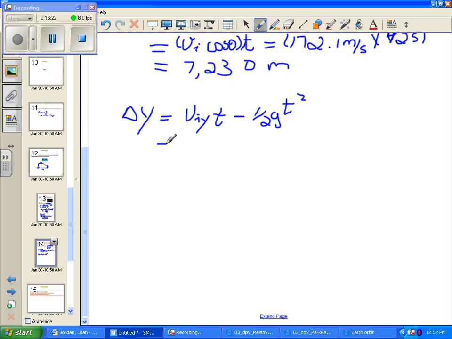Here, v initial y will be equal, again, to v initial times the sine of 55 degrees. You see, it's not the same as 300. So we must be very careful when solving these problems that we consider the components of velocity when our projectile is launched at an angle to the horizontal.